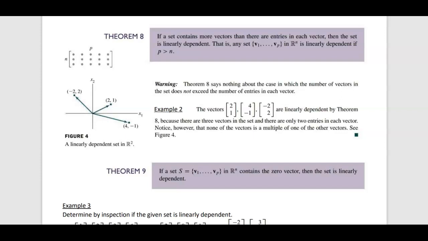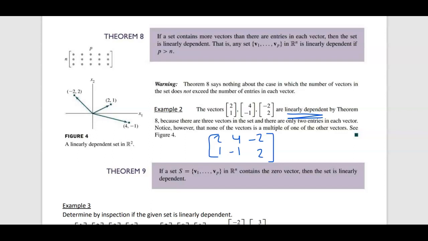So if we have these vectors that are in R2, because there are 3 vectors in the set, like if I were to make this into a matrix, then they are going to end up being linearly dependent because there are more vectors than rows.